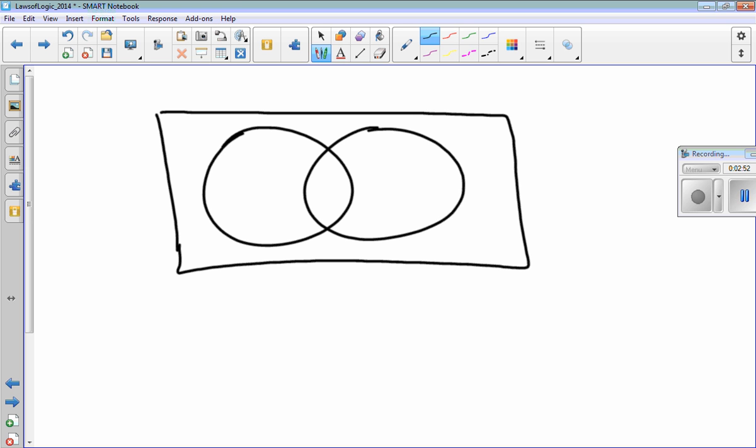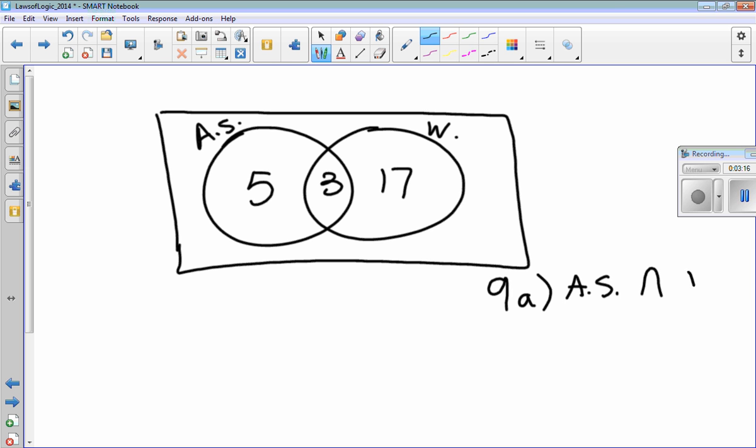It was one of those works after school, works on the weekends, something like that, is that right? So after school and weekends, and then I believe the numbers were 5, 3, and 17.